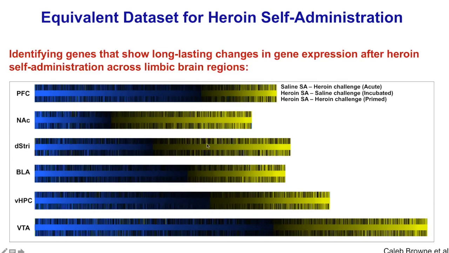And you can see transcriptional responses across the 6 limbic brain regions that were studied, and we're very interested in now diving into this data set further and comparing it to the cocaine responses as well.